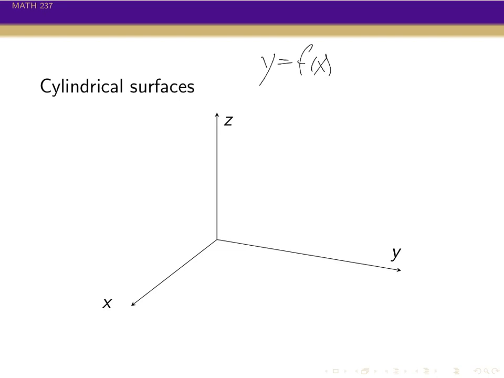A cylindrical surface is the same idea. If you have one variable in terms of the other, in this equation y equals f of x, y is dependent on what the x variable is. And so we can draw some curve, y equals f of x, on the xy plane.